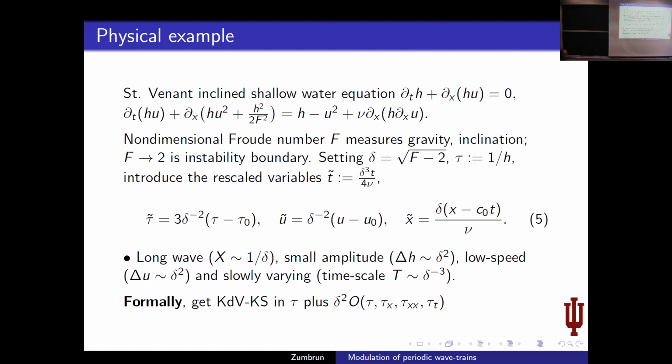And notice, let's see, some things to notice. So, I should tell you a few things. When F is bigger than 2, you don't get any periodic waves. The constant solution is stable. The bifurcation here, the Turing bifurcation, broadly defined, occurs at F equals 2. That's where the laminar flow with everything flat goes unstable. And that's where you expect some pattern formation.